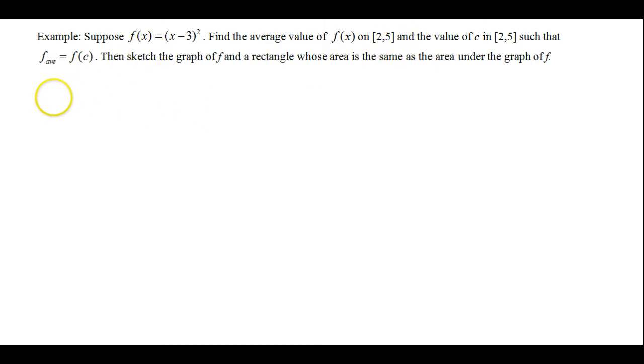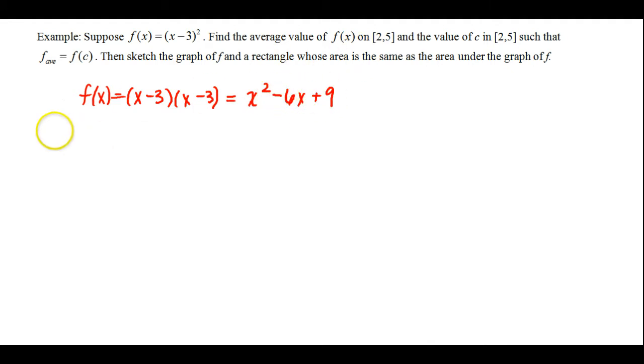So here's my function, f of x equals x minus 3 squared. I'm going to write it as x minus 3 times x minus 3 to arrive at x squared minus 6x plus 9. So if I want the average value, f average is going to be 1 over 5 minus 2, the integral from 2 to 5 of x squared minus 6x plus 9 dx.